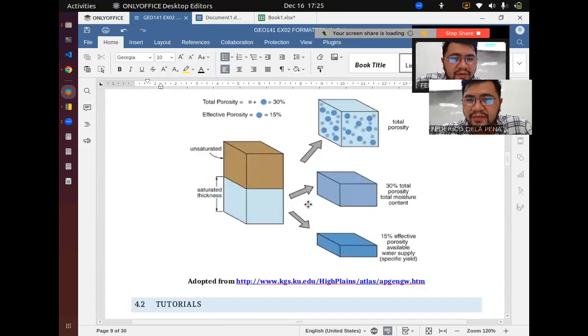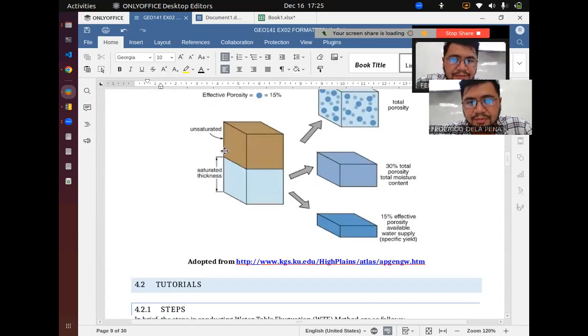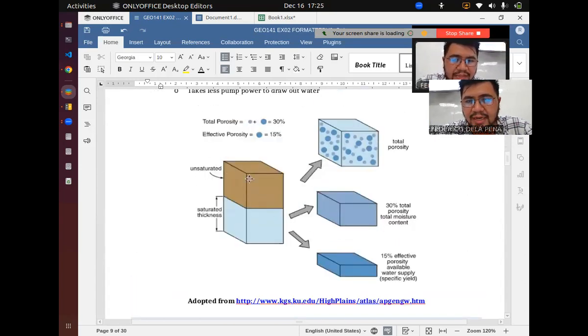To give you a visualization, if this is your aquifer or your soil or your media, of course, your aquifer is saturated, it contains some water, and portions of it also contain your soil grains.